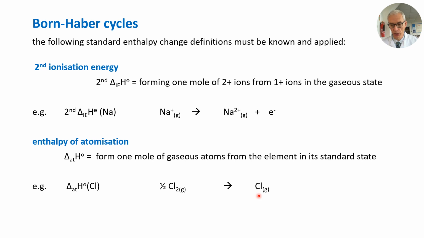So these are not molecules, these are gaseous atoms. 1 mole of gaseous atoms from the element in its standard state or at standard conditions. So chlorine, Cl2, we only need half a mole because we're only forming 1 mole of gaseous atoms. So it's half a mole of Cl2 molecules in the gaseous state, of course.